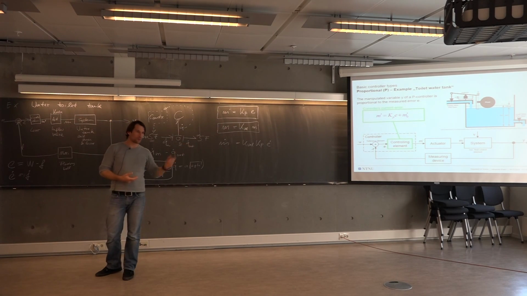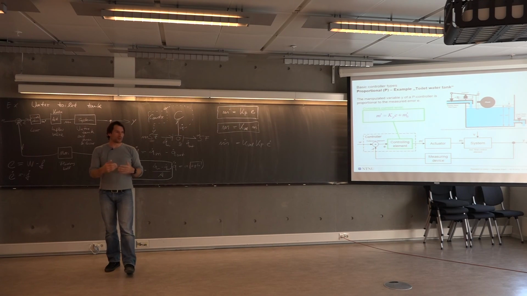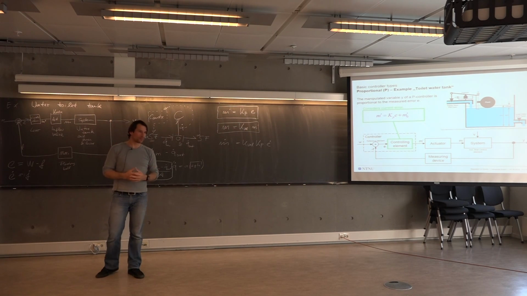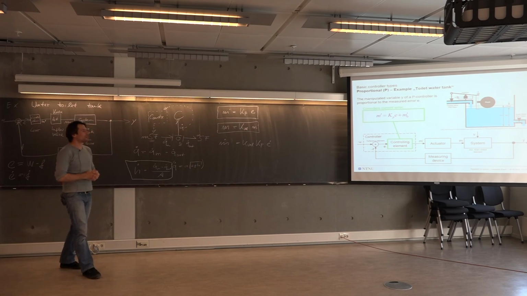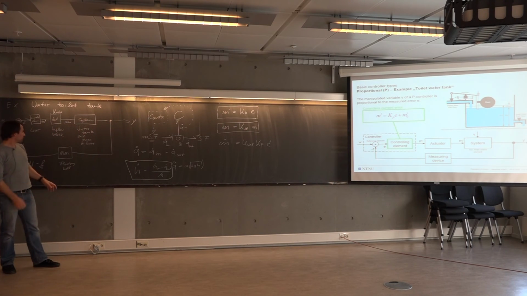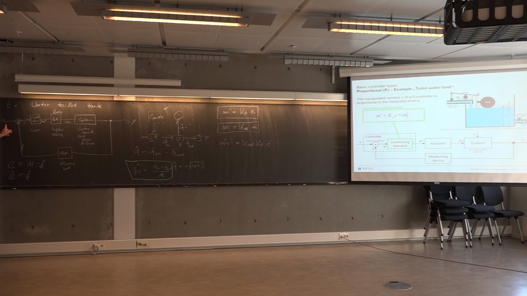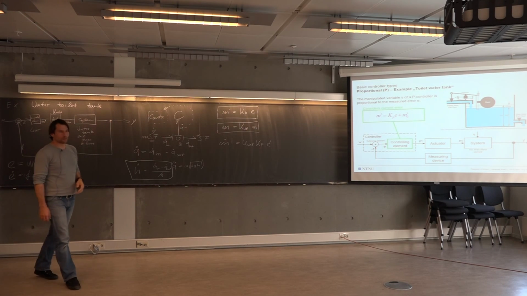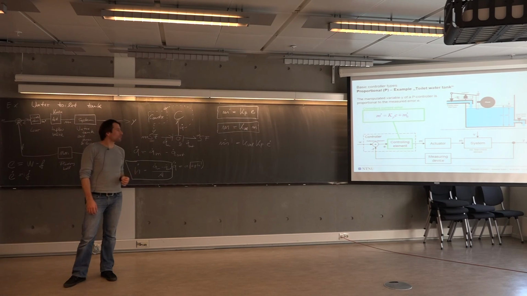In the toilet water tank, you don't really care if there's a difference in the numerical value between the reference variable, the initial height, and the actual height. That's not important, right? So it's actually sufficient for this water tank, but it's in other cases not really sufficient.